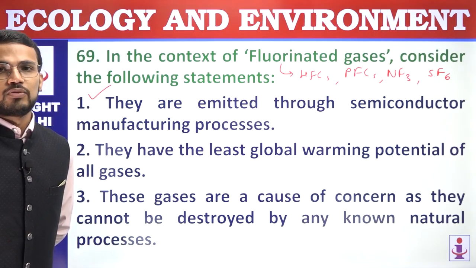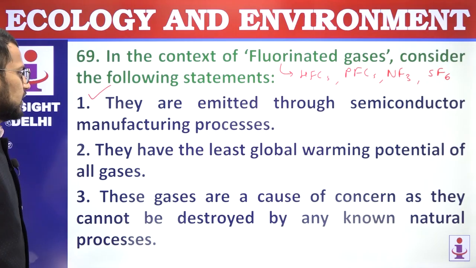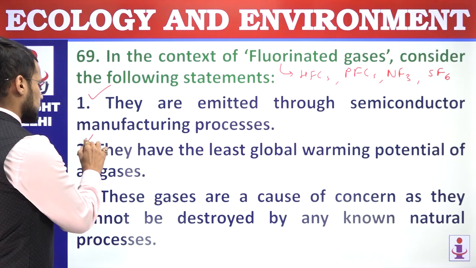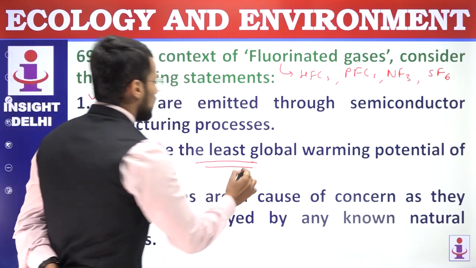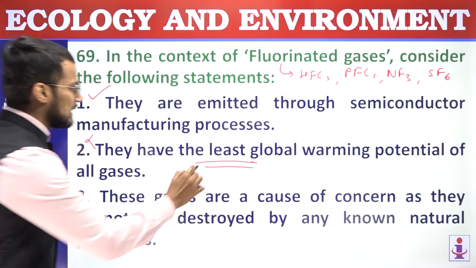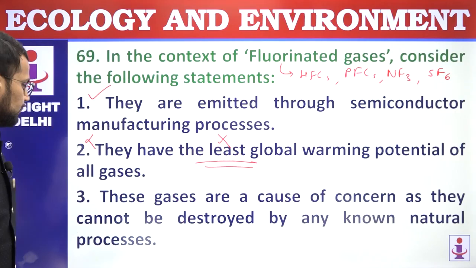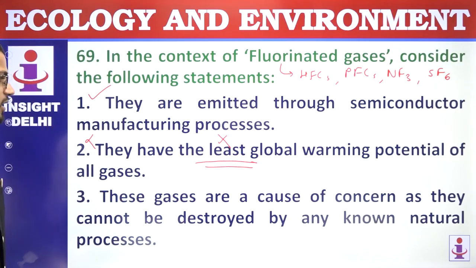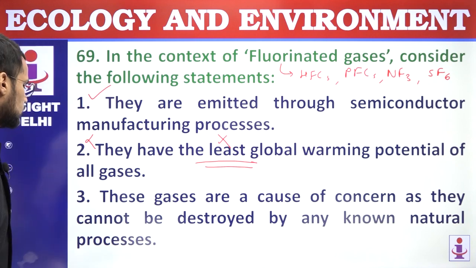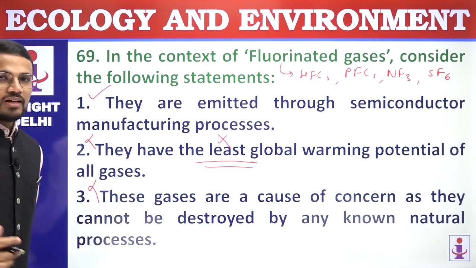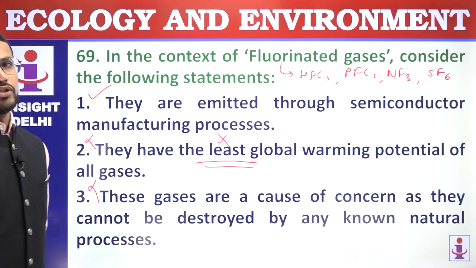It is semiconductor manufacturing. Second, they have the least global warming potential of all gases. No, they have very high global warming potential, not least. Third, these gases are a cause of concern as they cannot be destroyed by any known natural process. Incorrect, right? When they are exposed to sunlight, they get destroyed, right?